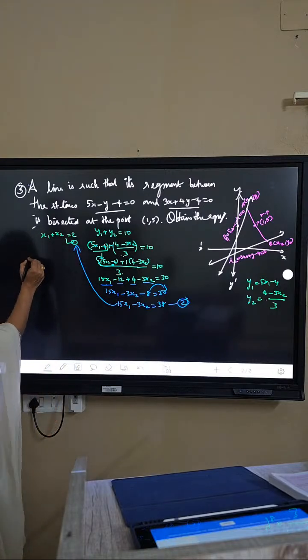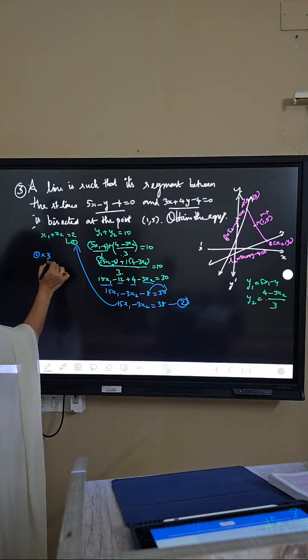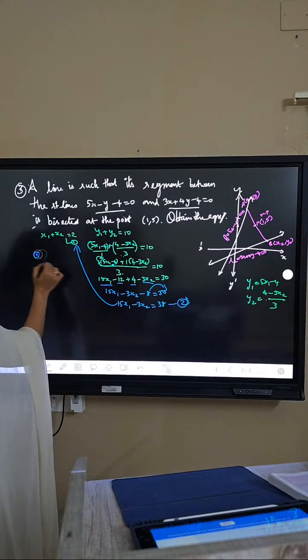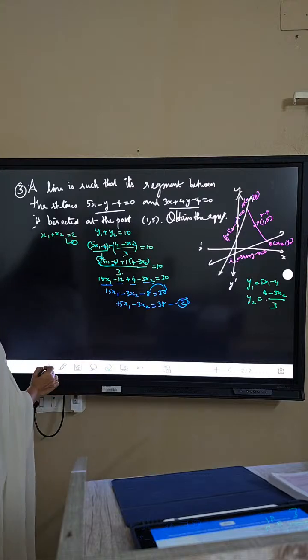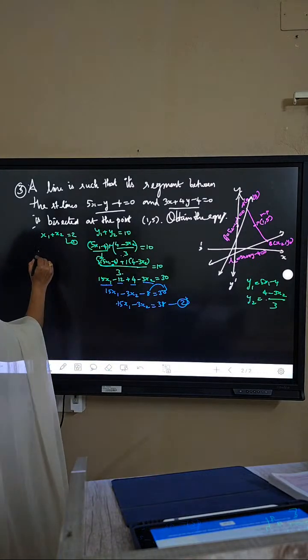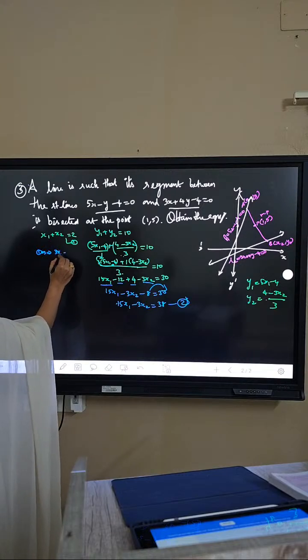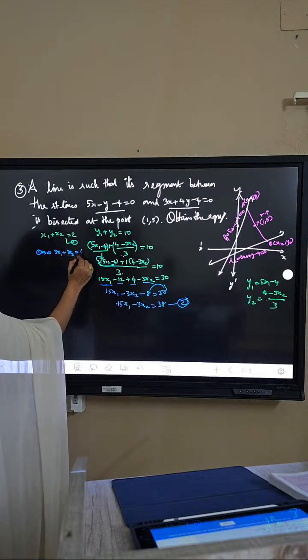You can multiply the first equation by 3, so it becomes 3x1 plus 3x2 equal to 6.